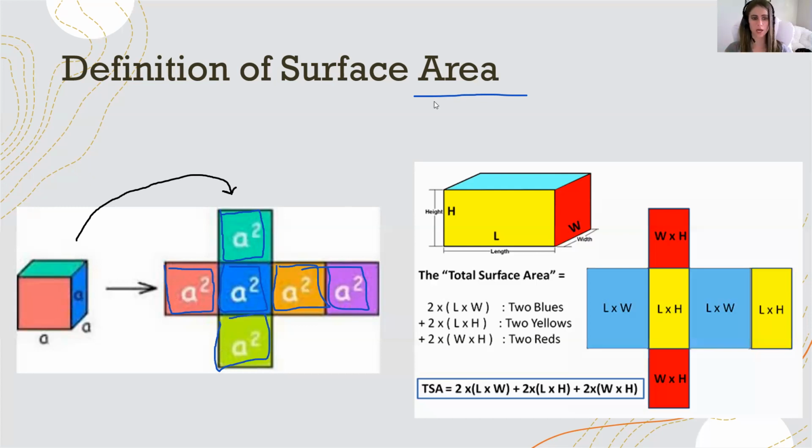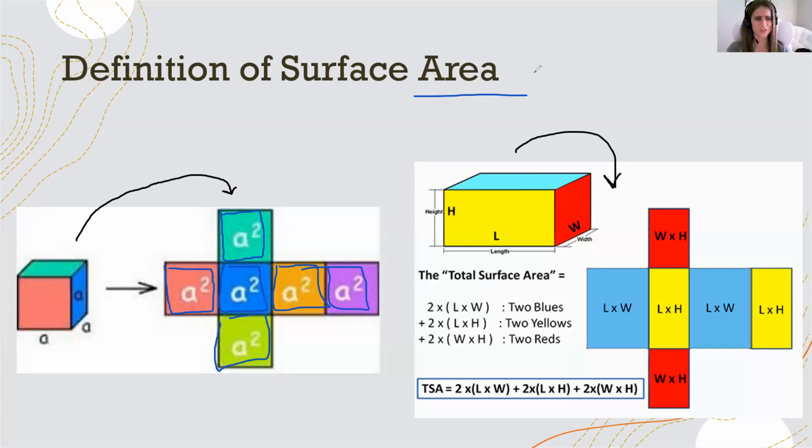Same here for a rectangular prism, just a little bit differently because we have 3 different side lengths. Therefore, we have 3 different sized rectangles, or faces, that will come together to form that three-dimensional rectangular prism.